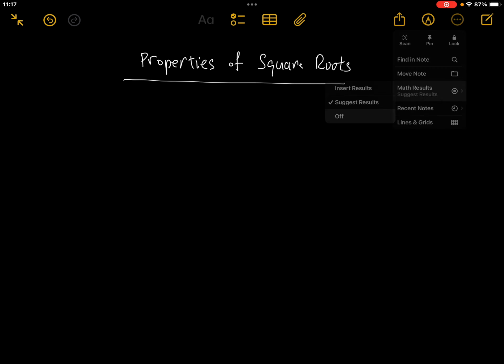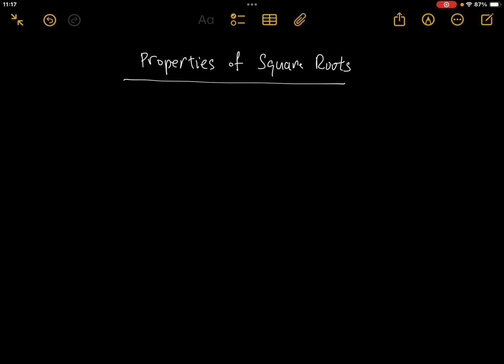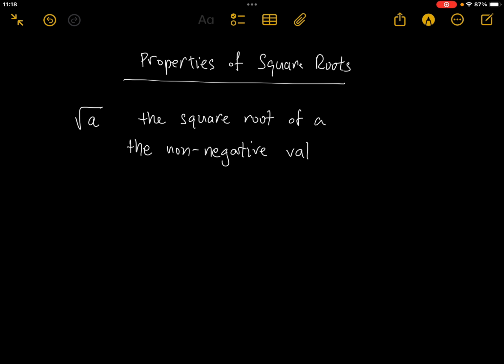Okay, in this video we are going to talk a bit more about square roots. Let's remind ourselves that when you have a number a which is 0 or positive, then this symbol is called the square root of a, and it means the non-negative value whose square is a.